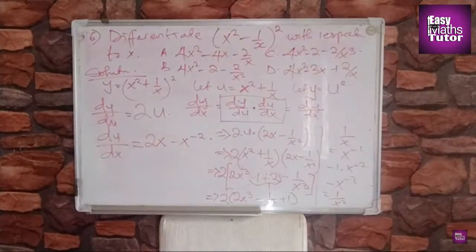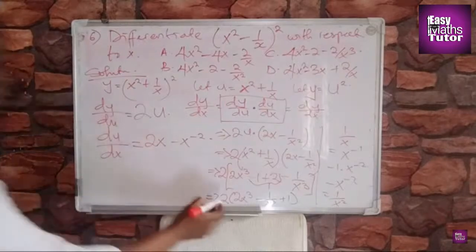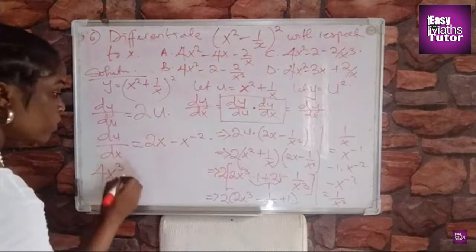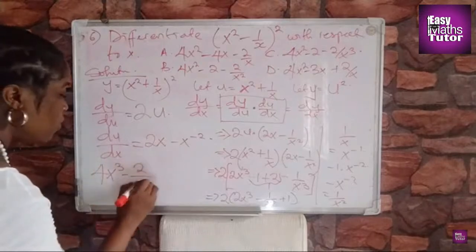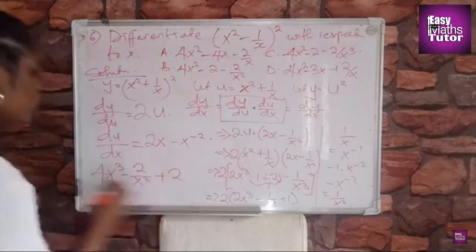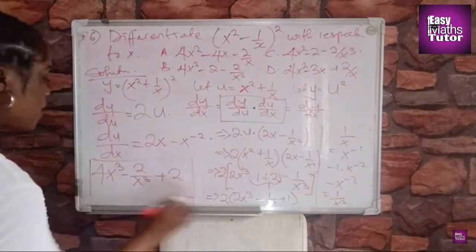Are we almost getting there? I guess we're almost getting there. Okay? So if we expand this, you have 4x cubed minus 2 all over x cubed plus 2. This should be our answer.